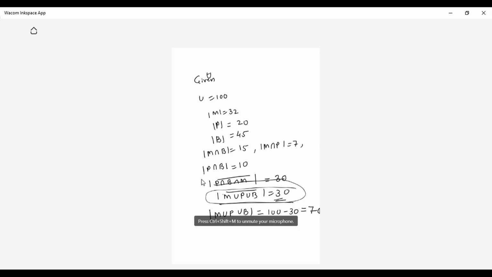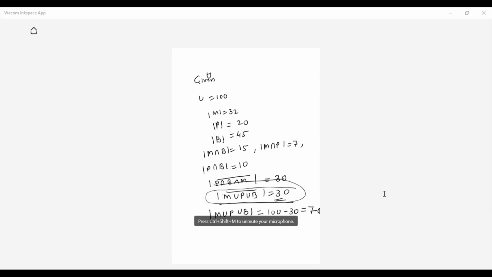Now I have got all the values, right? Now what I have to find is the number of students studying all the three subjects. Which mathematical equation do I need here, student? Can anyone give me the answer? So what should be the first step?